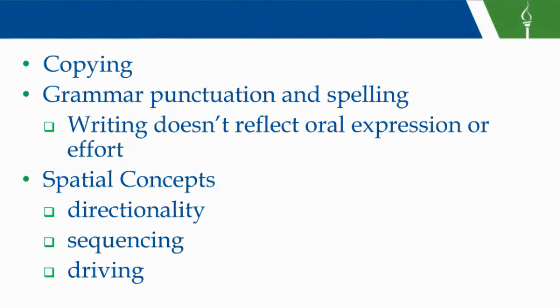Students with dyslexia might also have difficulties with spatial concepts, again having to do with directionality, reading flat visual information such as graphs or charts or timelines, again with directionality confusion or sequencing concerns. That information might be difficult to comprehend or understand for them. Sometimes our students with dyslexia have trouble with navigation and with driving, often turning the wrong way or having difficulty reading a map.